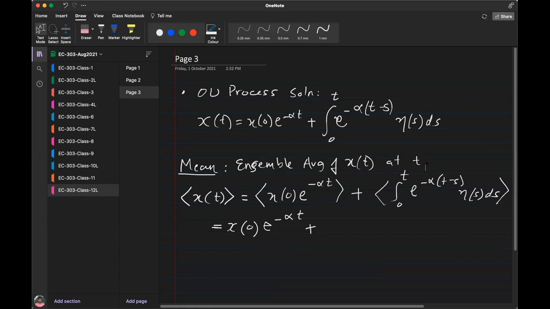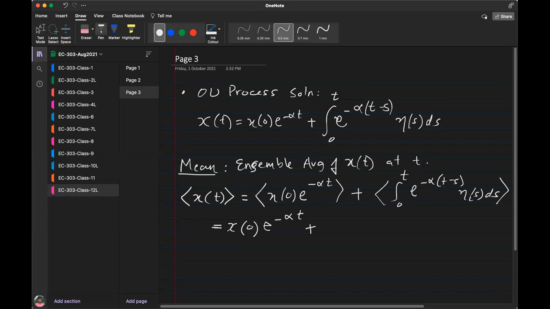If you want to think of it in a very numerical way, if you were to simulate the OU process with some initial condition x0, you run this one time, you get some value of xt, another time, another value of xt. You run this a million times, and what's the average of all those million xt values? That's what we are doing.